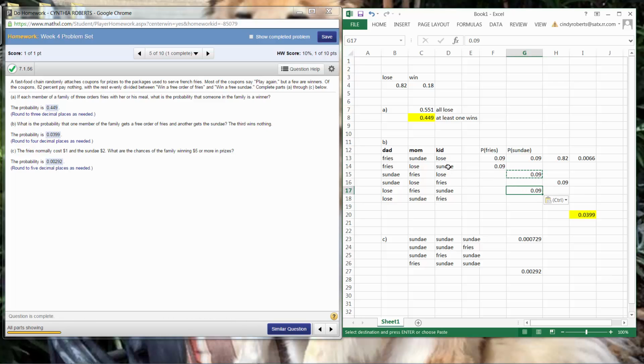Everywhere I see a sundae is going to be the 0.09. Oops, that's the wrong one. And a sundae, and a sundae, a sundae. And then in all the rest of these cells is where they lost. So lost, lost, lost, lost.